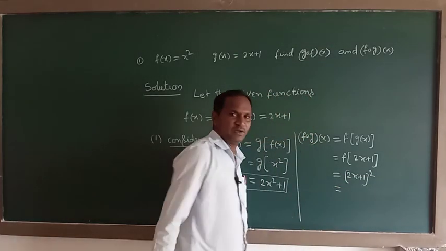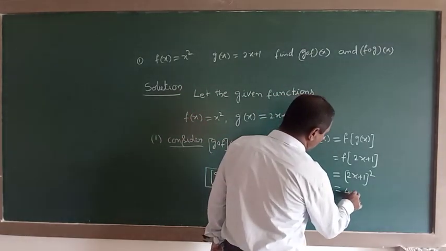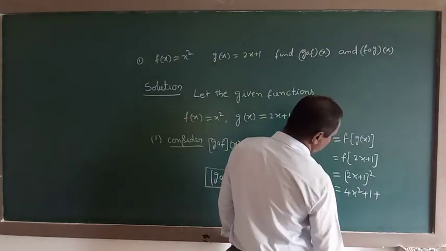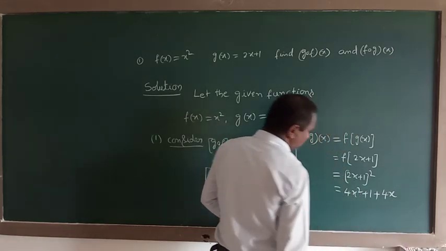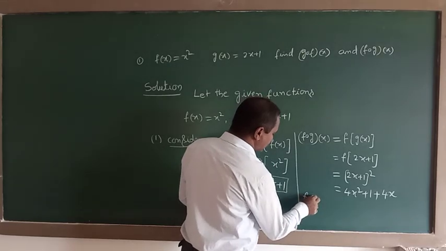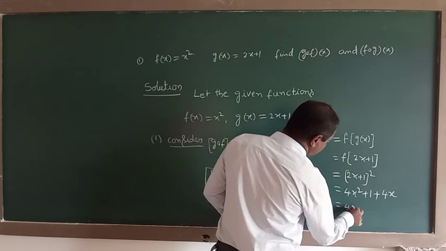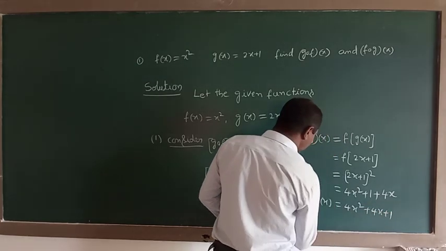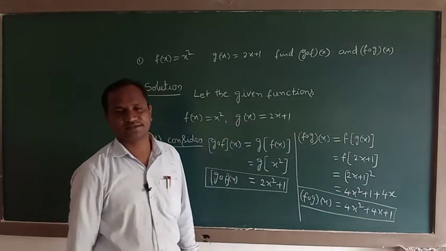You apply the (a plus b) whole square formula here: a square is 4x square, plus b square is 1, plus 2ab means 2 into 2x into 1, which is 4x. It is what we can write here: f circle g of x is equal to 4x square plus 4x plus 1. This is the f circle g of x.